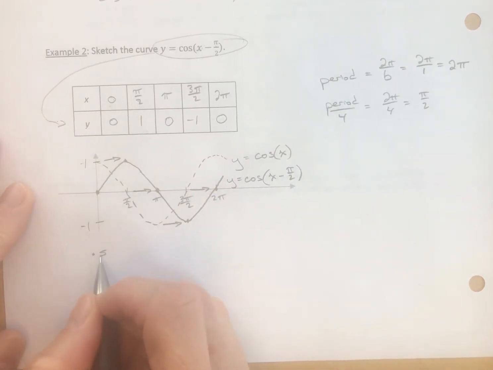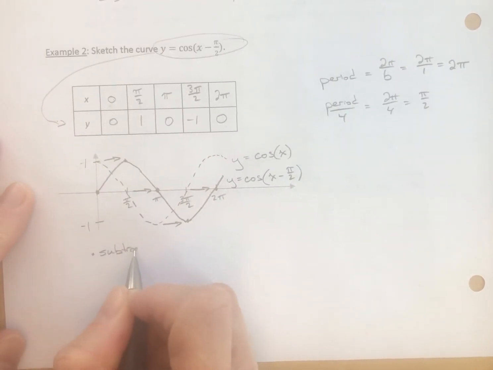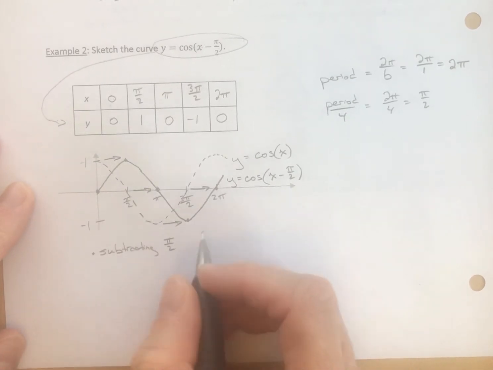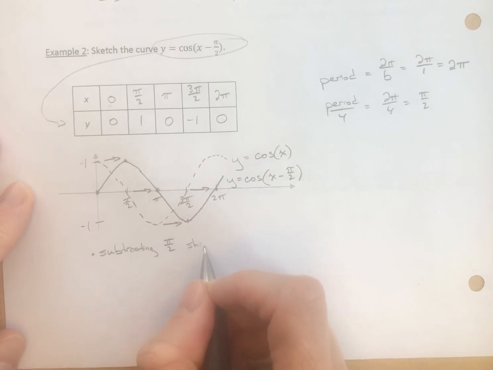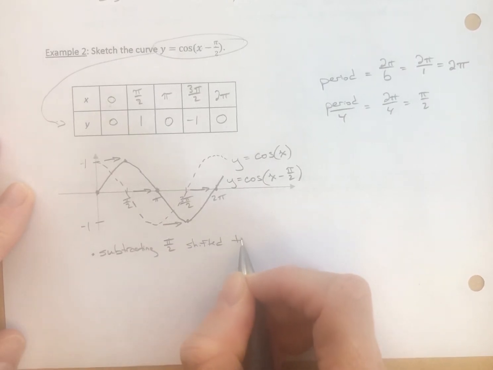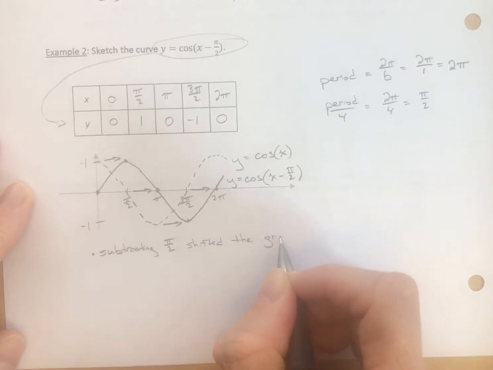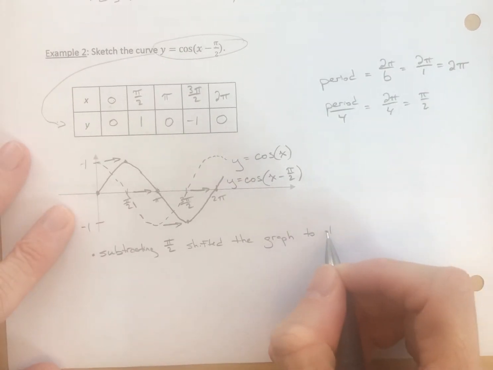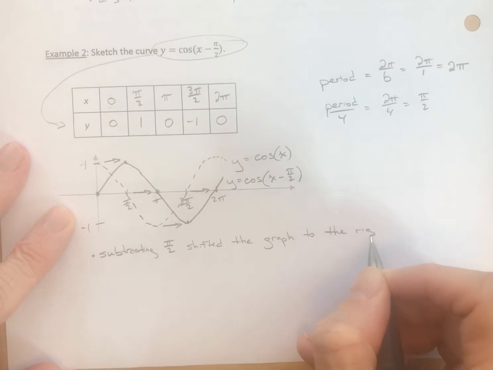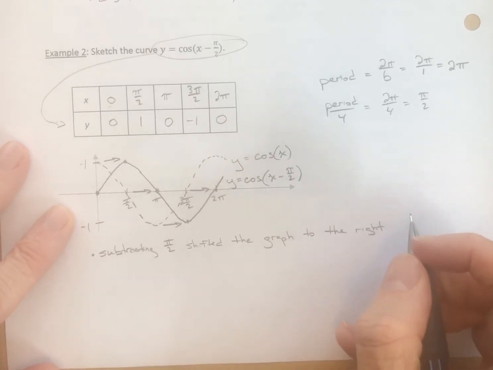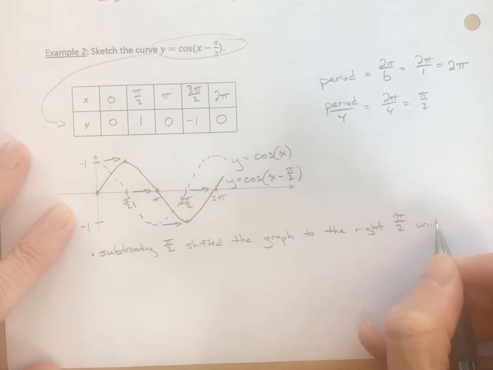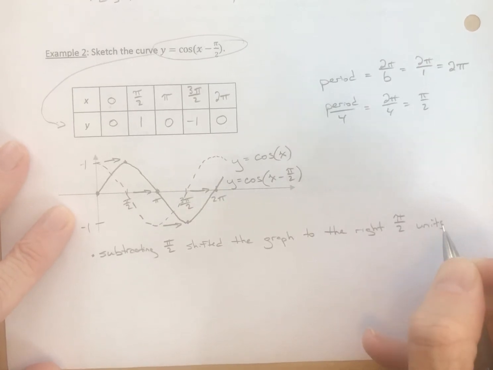So subtracting pi over 2 shifted the graph to the right. Okay, shifted the graph to the right, pi over 2 units. Well, that's interesting.